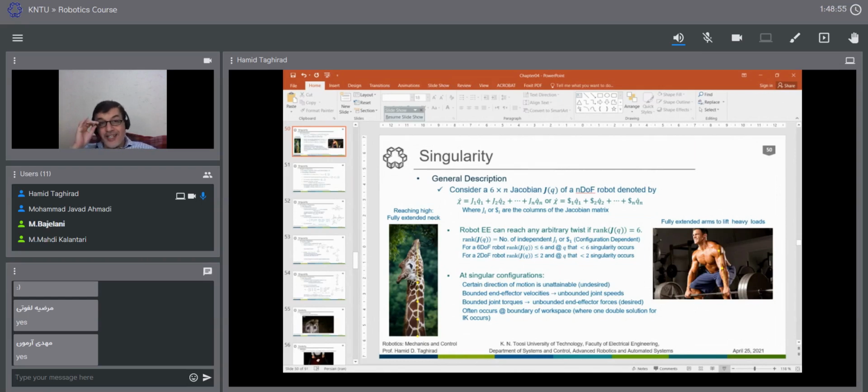But again, if I didn't know that the Jacobian is related to the giraffe stretching its neck, that wouldn't be that pleasurable.